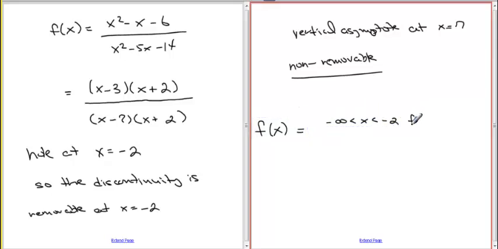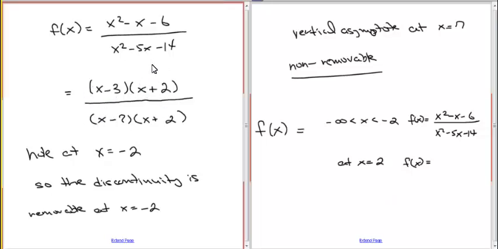You would say f of x equals the original function. Again, you could show it either in factored form or non-factored form. At x equals negative 2, f of x equals something. So what is that something? Well, it has to be whatever the limit is.